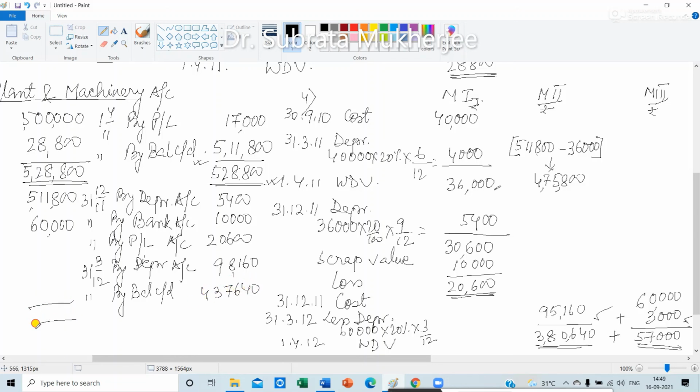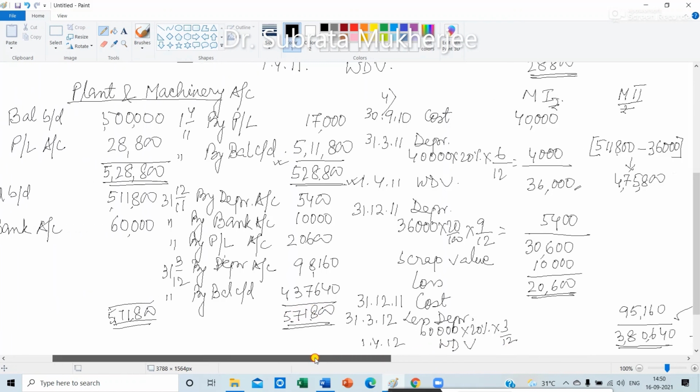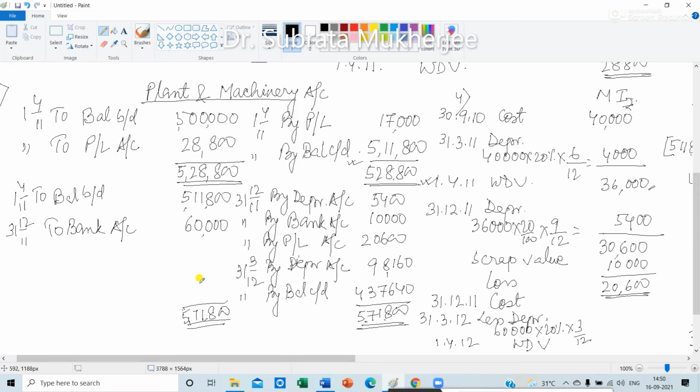So if you add the debit and the credit side of plant and machinery account, this will give you 5,71,800.